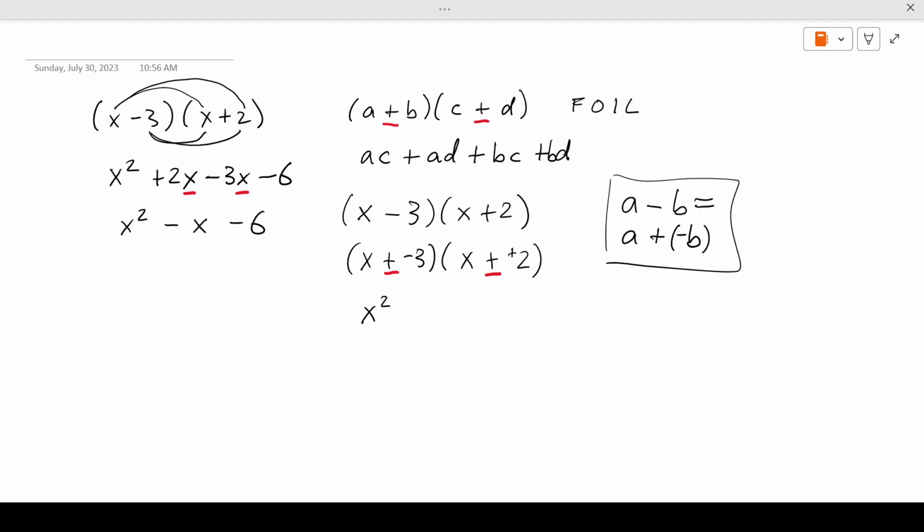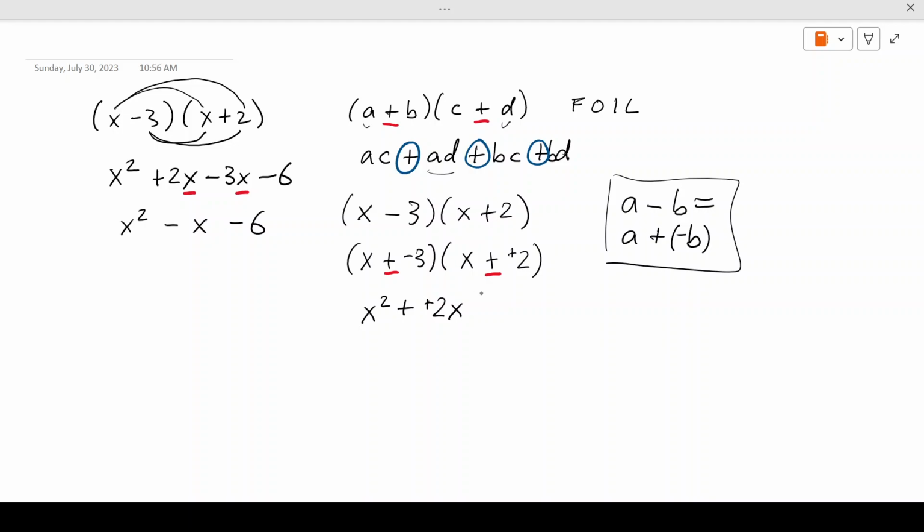We have a times d, this number times this number. In this case, we have a variable x times a positive 2. So we have plus, notice all of these are pluses, positive 2x, because the positive 2 is times the x.